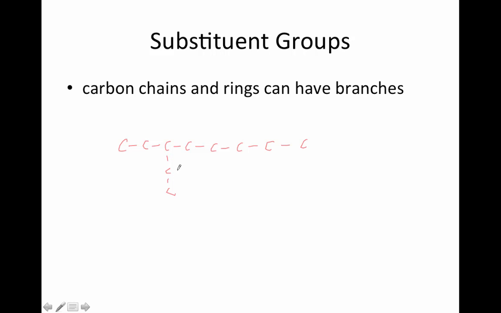So if I were to draw the condensed formula for this, remember going back to those assumptions. If it's an end carbon, there are going to be 3 hydrogens. A middle carbon will have 2 hydrogens. Every single carbon must have 4 things around it. So this one is going to have a hydrogen.